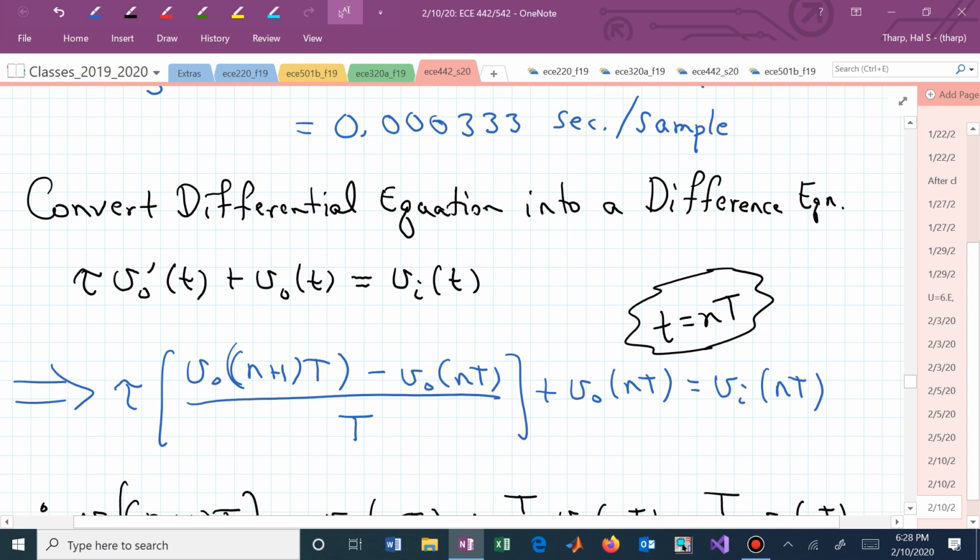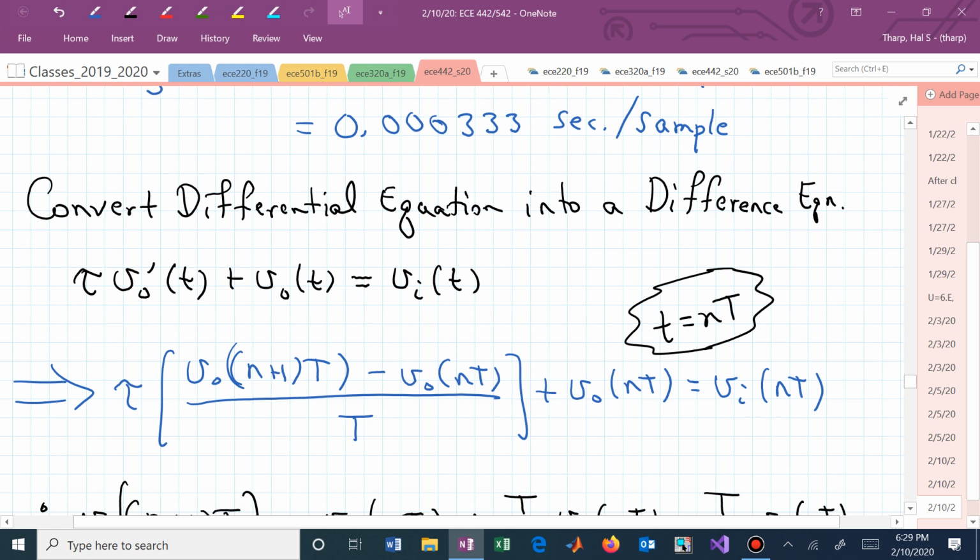The output at time t is just the output in the discrete time at little n capital T. The input at time t is just the input at time little n capital T. And the only difference between the differential equation and the difference equation is the approximation of the derivative with the forward difference.